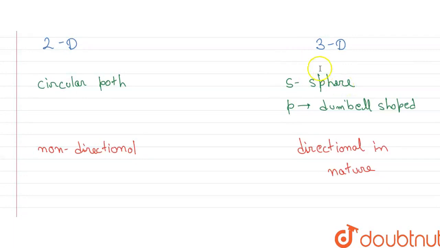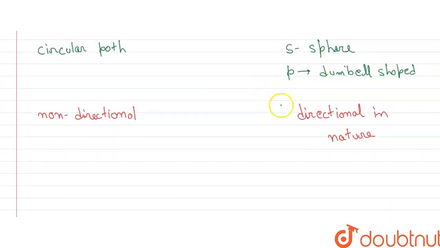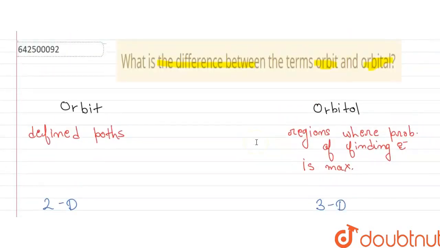Since it is spherical in shape, and a sphere is just a uniform 3D shape, it does not show any directional nature. So let me write, except for s orbital, the orbitals are directional in nature. So s orbital is not directional. So these are the common four differences of orbits and orbitals. With this, we complete our solution.